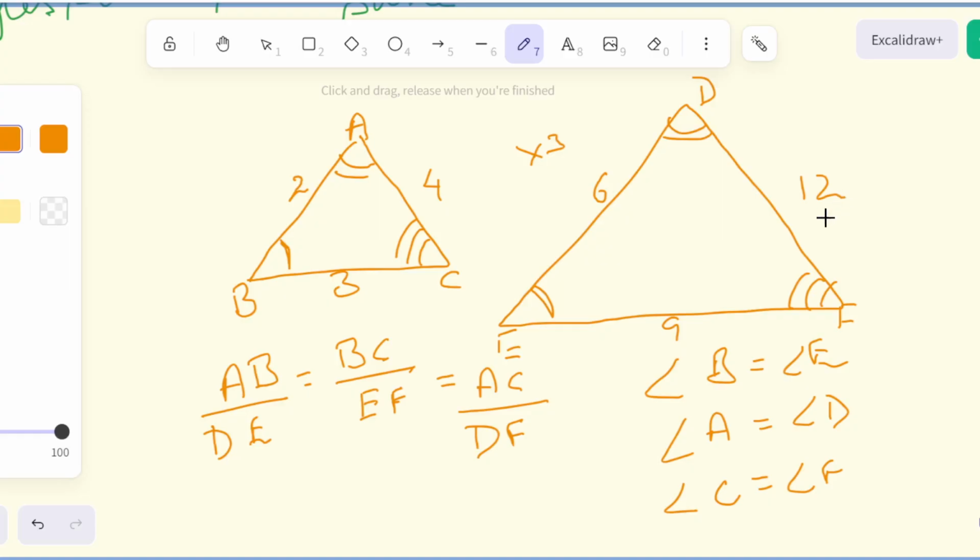This is how the triangles will be similar. If it is not 12, let it be 10, then these triangles are not similar because their ratios will not be same. Makes sense? So similar triangles are those whose corresponding sides are proportional.